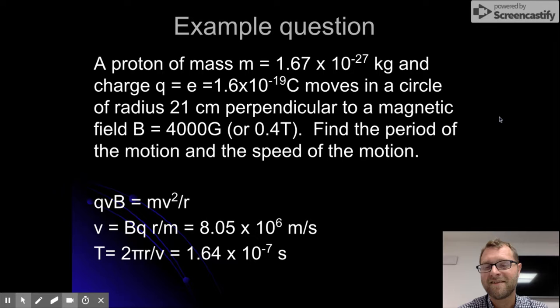Then I can work out the period by recognizing that the period is the distance of one circumference divided by the velocity. That gives me 1.64 times 10 to the minus 7 seconds. That's the calculation you need. So these are typical examples, and now you're going to get the chance to practice a few more in your class time.